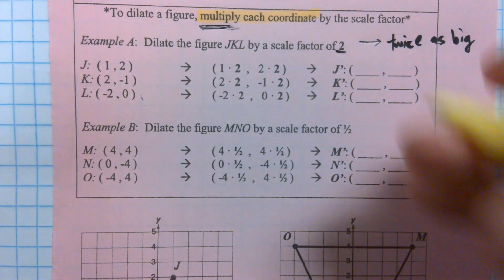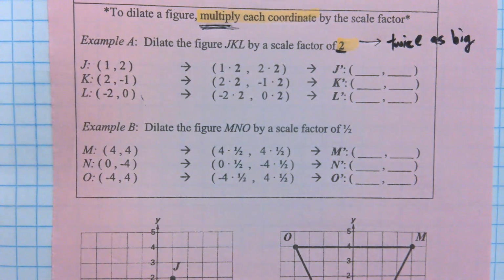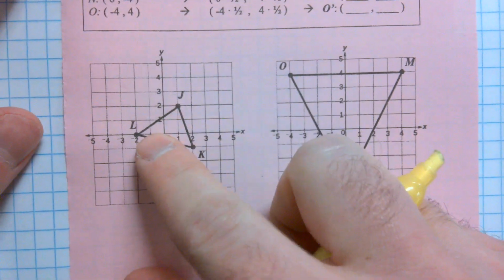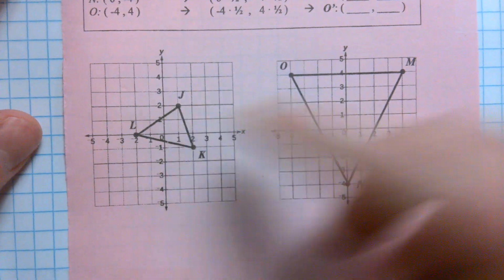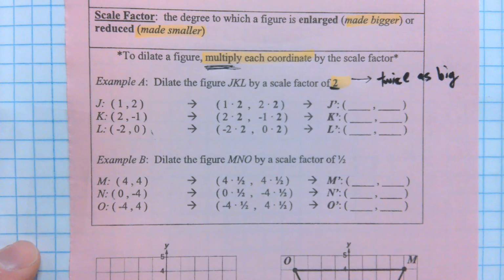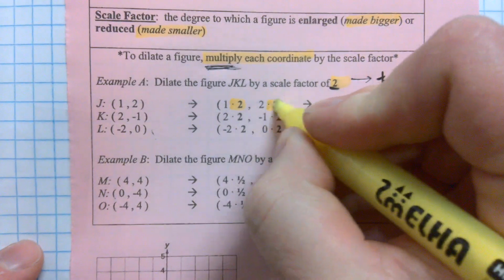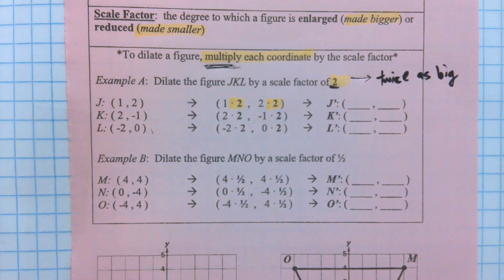I'm going to highlight my 2 here as well, sorry. So if point J, if you look down here, point J is at 1, 2. We're going to multiply the 1 by 2, and we're going to multiply the 2 by 2.